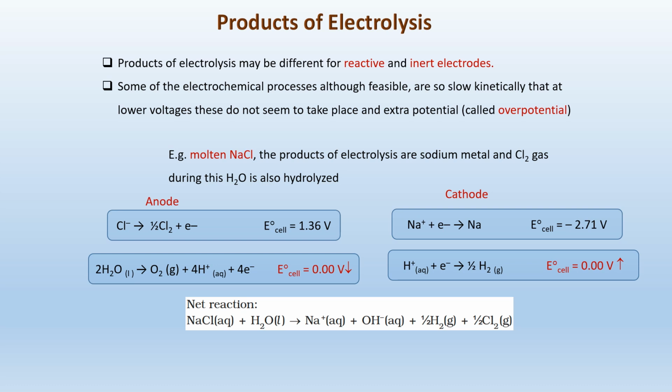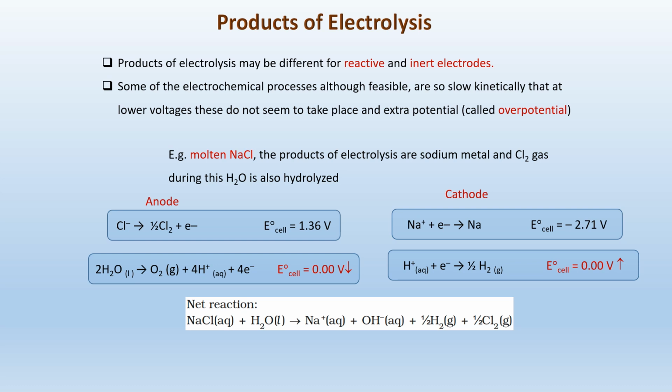The chloride ion is oxidized in the anode compartment, whereas the sodium ion is reduced in the cathode compartment to sodium. In parallel, water is getting oxidized to H+ ion, and the H+ ion is reduced to hydrogen.